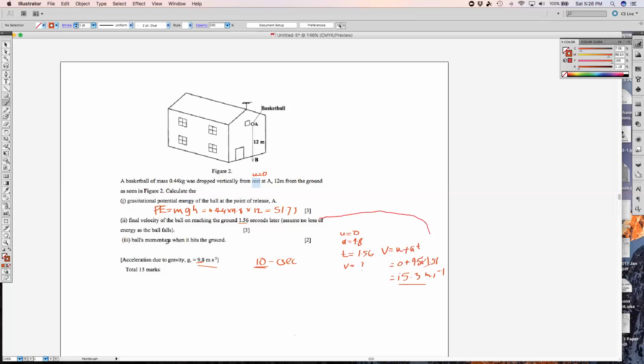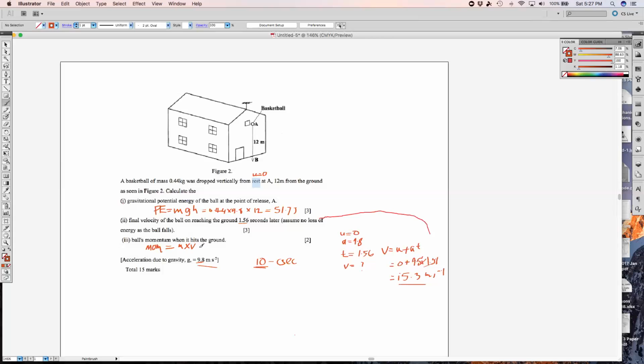And then find the momentum of the ball when it hits the ground. Momentum is equal to the product of mass and velocity.